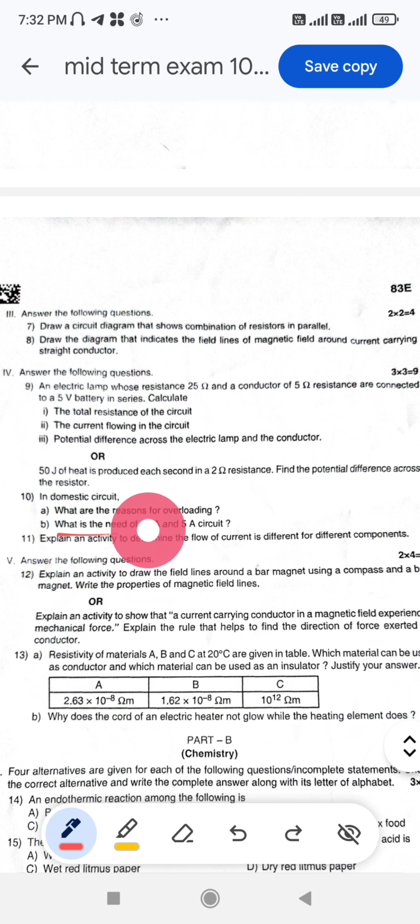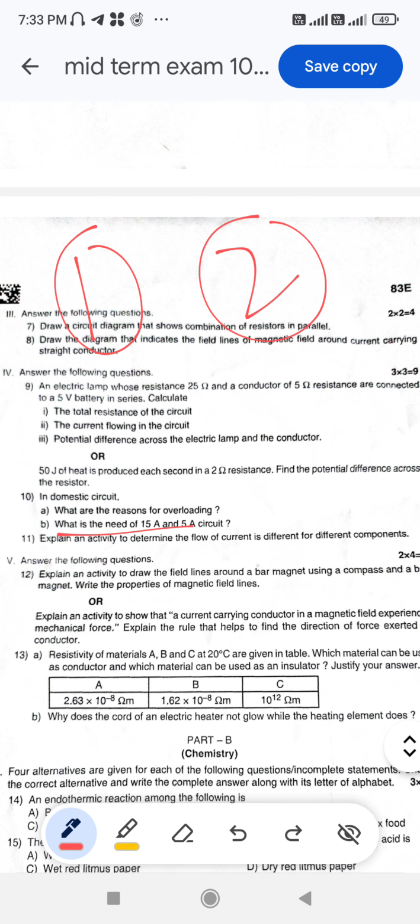Next, what is given here is, what is the need of 15 ampere and 5 ampere? Why do we have to use the 15 ampere and 5 ampere circuits? Because in our home we are not using only one single kind of appliance, we are using different kinds of appliances.